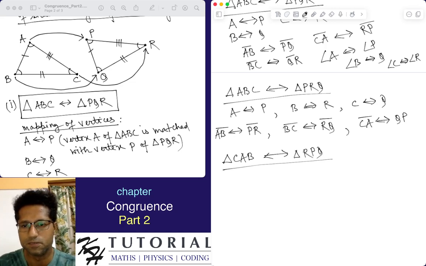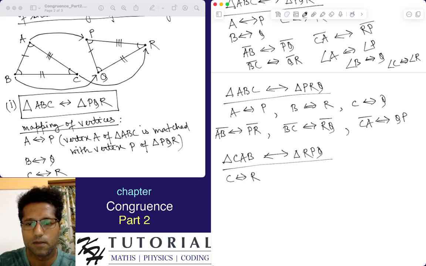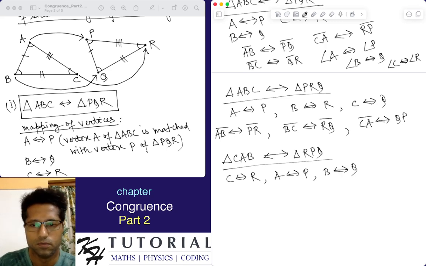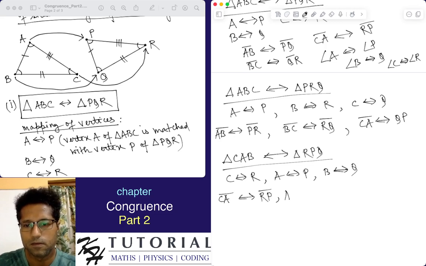If this is the mapping I specified, then the mappings of the vertices are C mapped to R, A mapped to P, and B mapped to Q. And the sides in the triangle CAB will be CA mapped to RP, AB will be mapped to PQ, and BC will be mapped to QR.